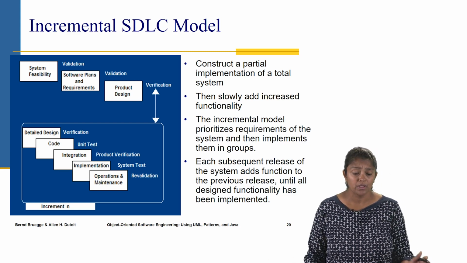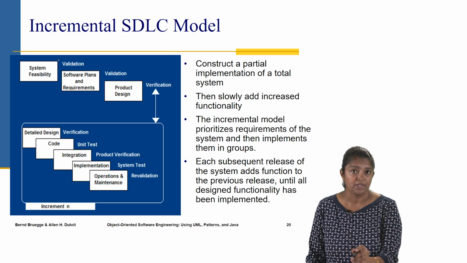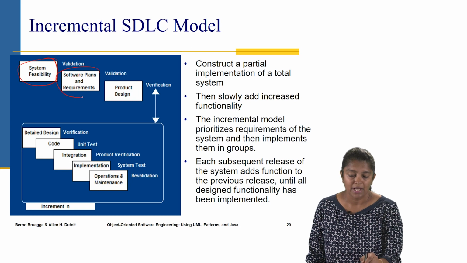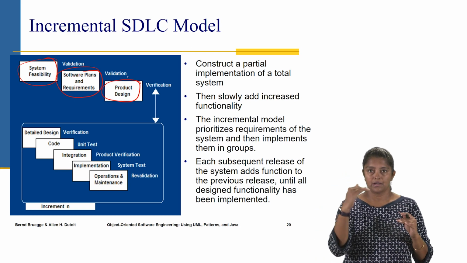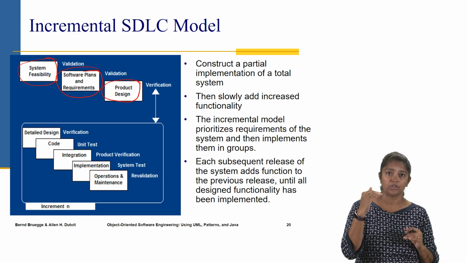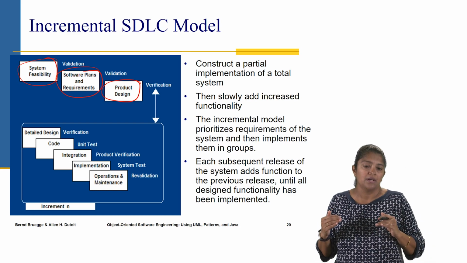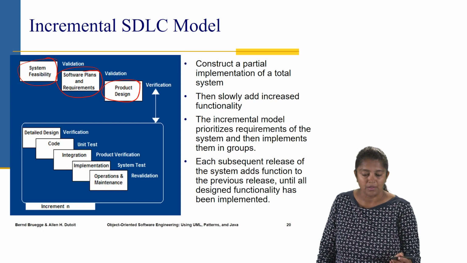So the way this model looks is the first few steps still happen in a linear fashion. So the system feasibility, the software plan and requirements, and a high level product design are first conducted in a linear fashion, like in the waterfall. But then once the high level design is done, at that point we get into this incremental or iterative model.